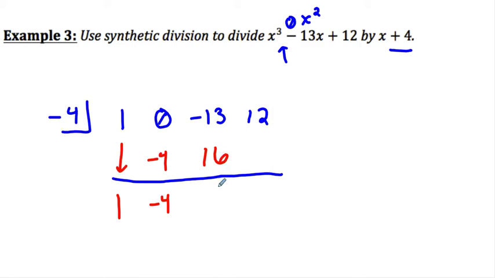Negative 13 plus 16 is 3. 3 times negative 4 is a negative 12, which is nice because this has a remainder of 0, which means this would be a factor. We weren't asked that in the question, but this would be a factor.